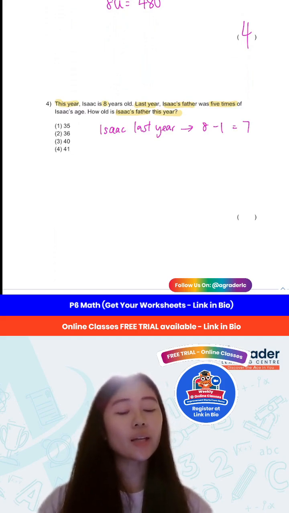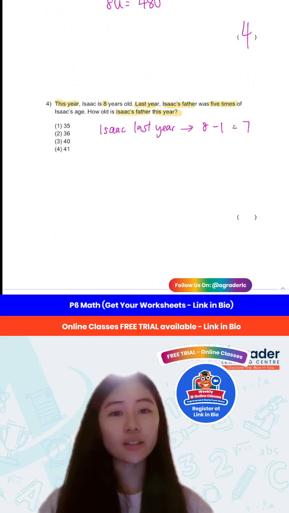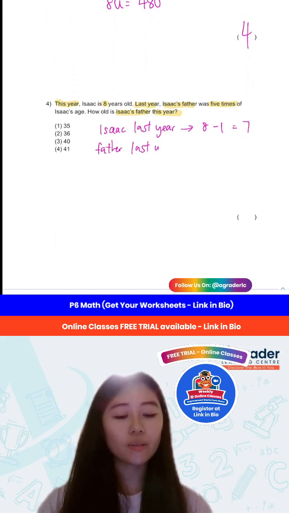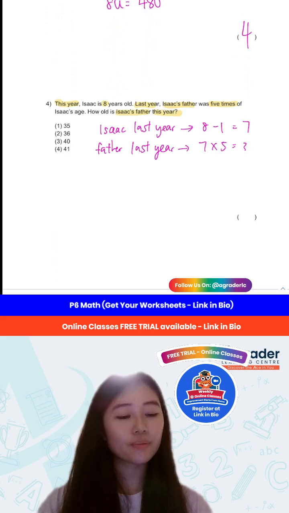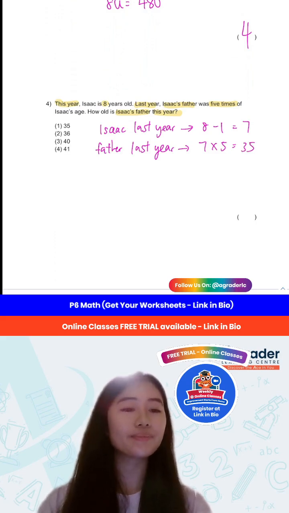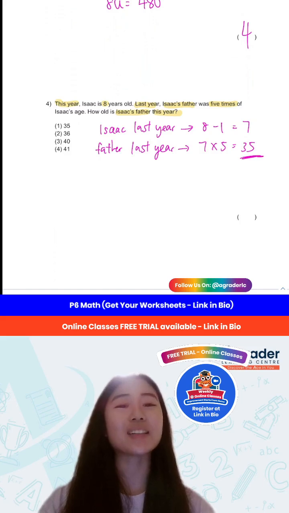Then you can calculate Isaac's father's age last year because it's 5 times. So father's age last year, you just need to use 7 times 5 equals 35. Okay, so those of you who said option 1, that's how you got 35 as the answer.